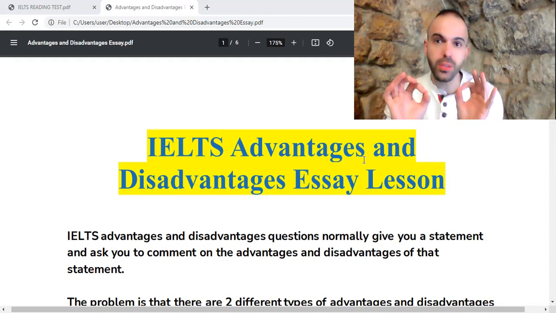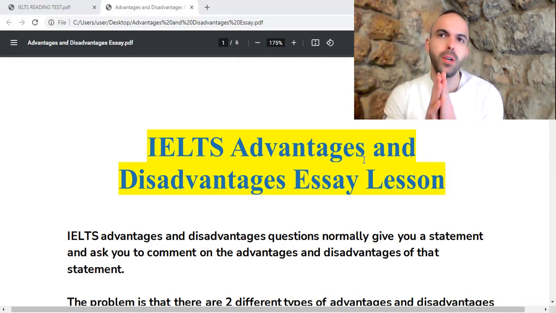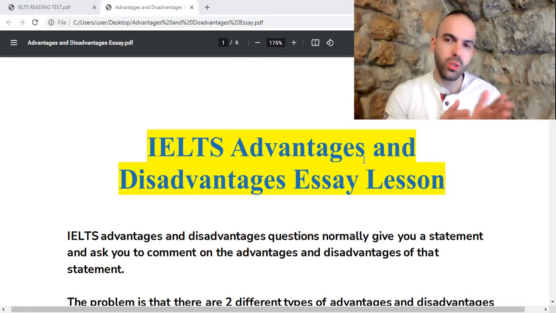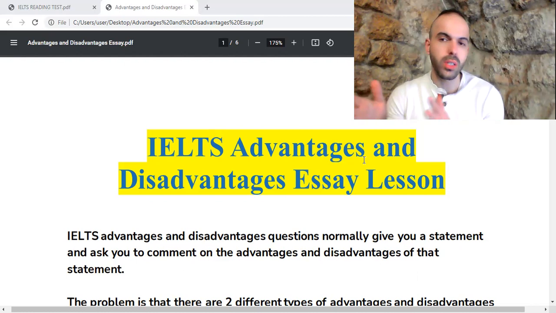So you might have come across, for example, the first type of question that says, discuss both advantages and disadvantages. And we have another type that says, do advantages outweigh disadvantages, or do disadvantages outweigh advantages? As you can see, these two questions are quite different.